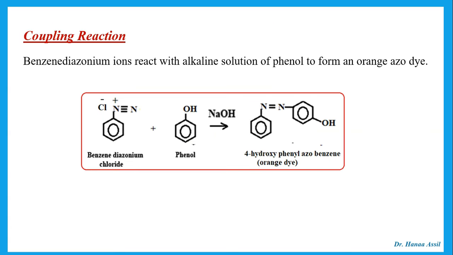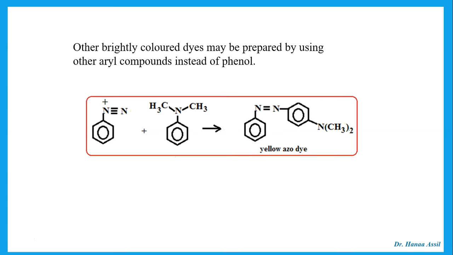Now, this diazonium salt that we made can react to form other products. This is called a coupling reaction. So benzene diazonium ions react with phenol, for example, to form this azo compound. This is called an azo product, and this is used to make many products that have specific colors.